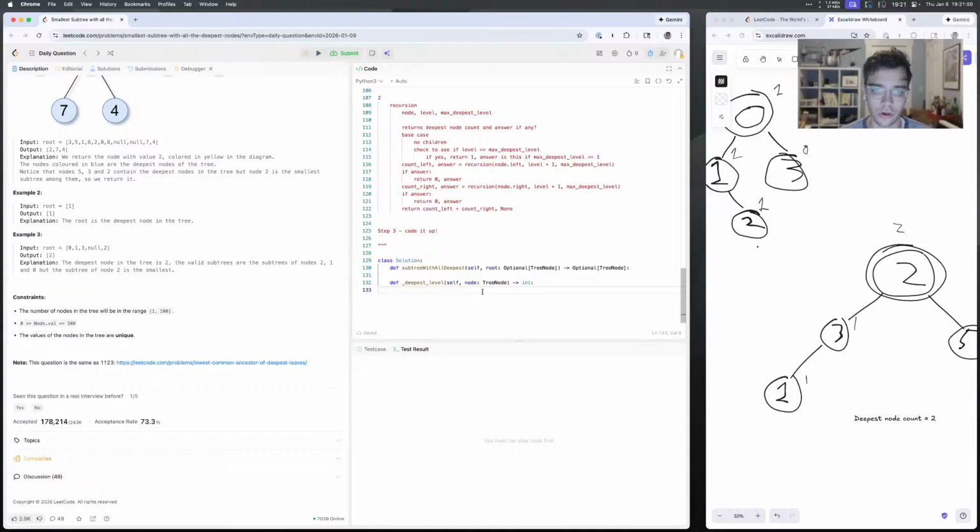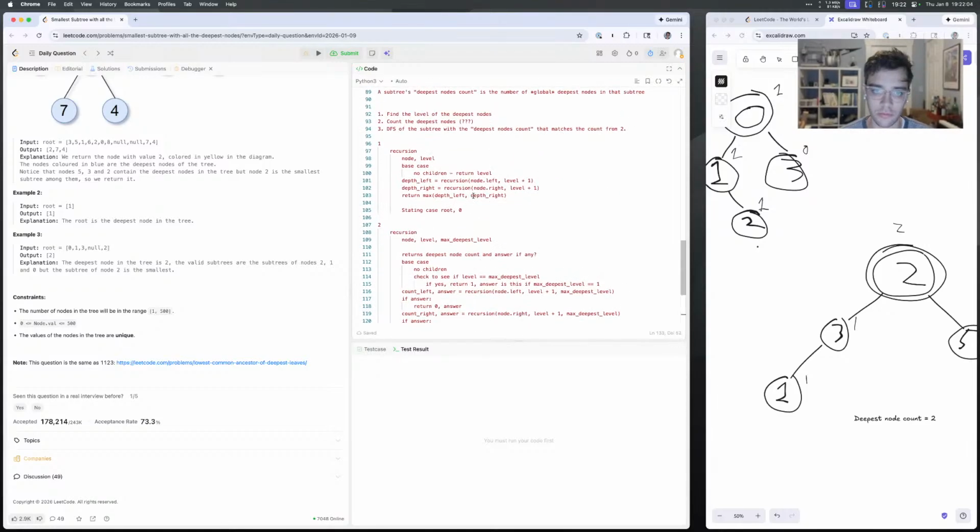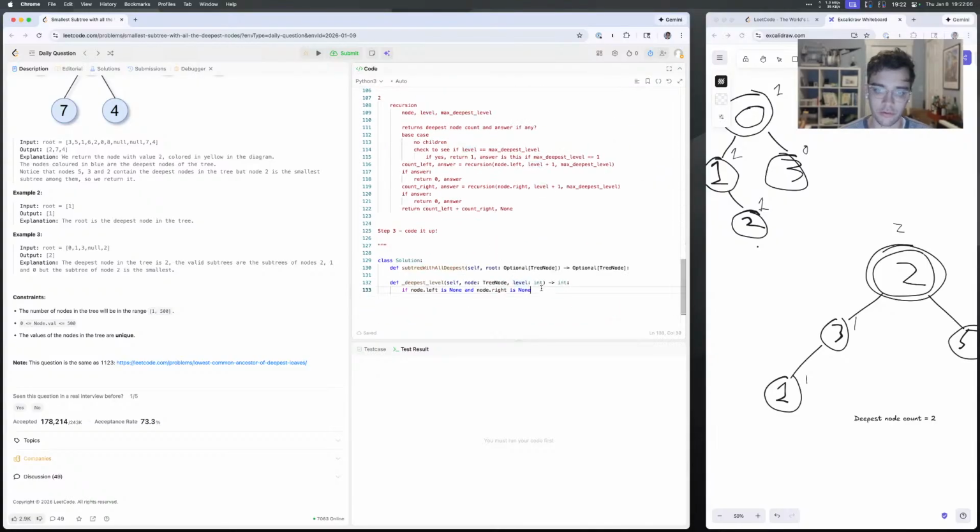Okay, so if node left and node right are none, return null.